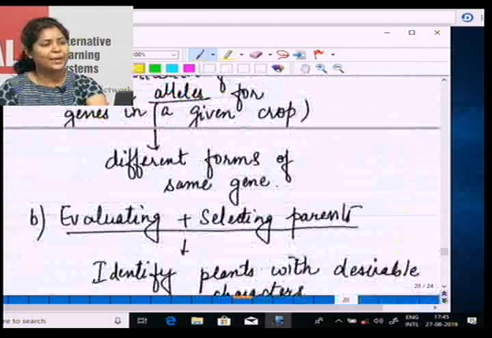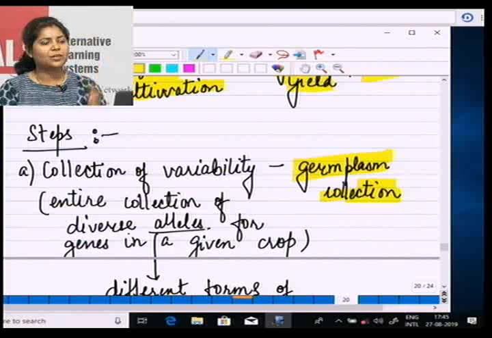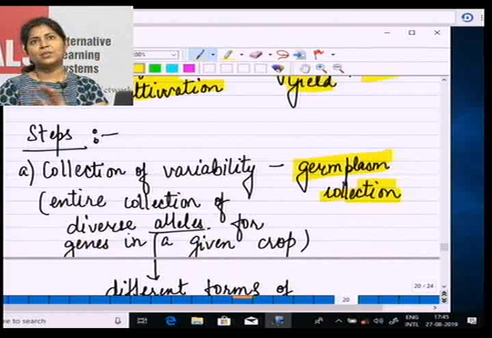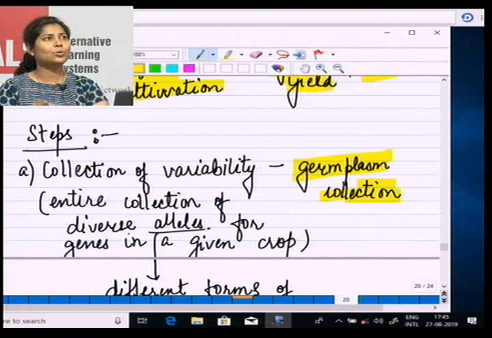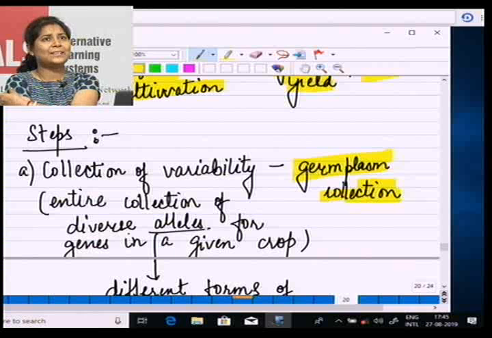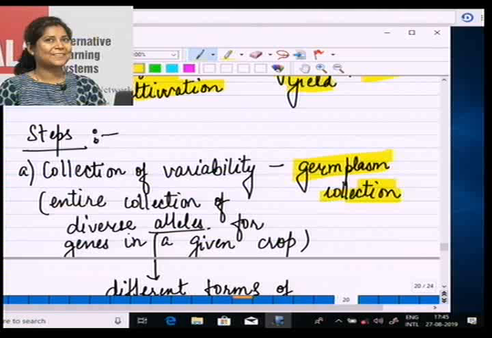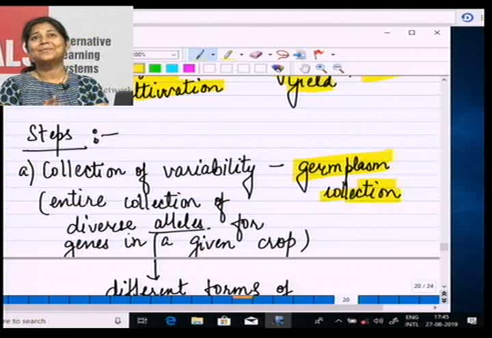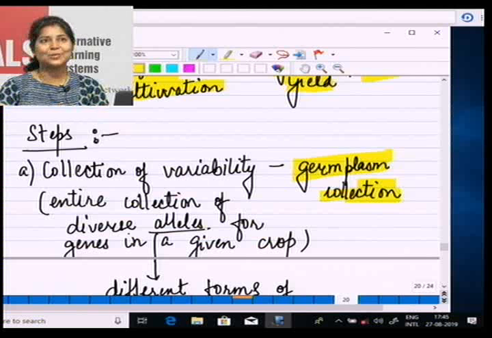The first step happens to be collection of the germ plasm. So you need to know about all the varieties of rice from Kashmir to Kanyakumari, from Gujarat to, what is it, deep down east. Which state is in the easternmost part of the country? Let me see, I'm talking to those people only. Yes, the easternmost part of our country.